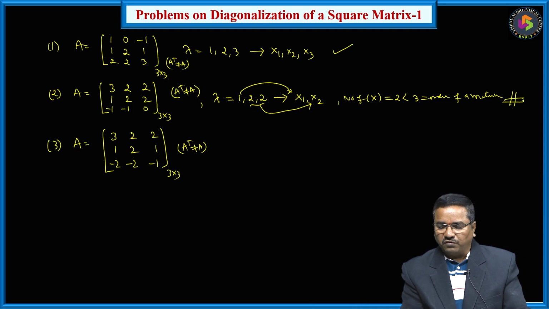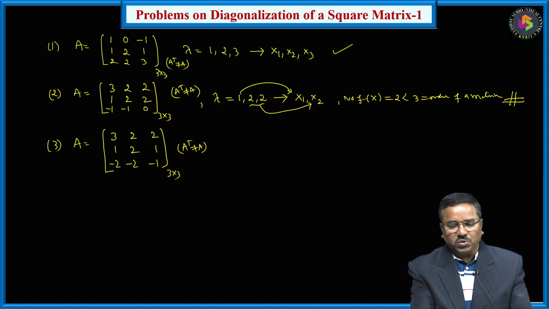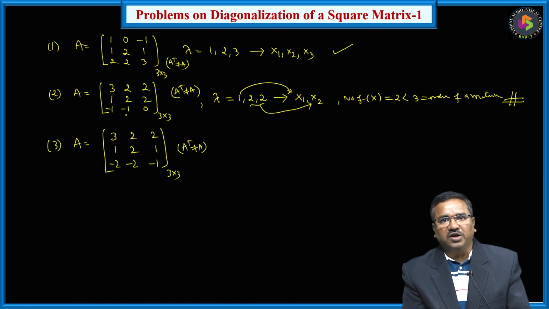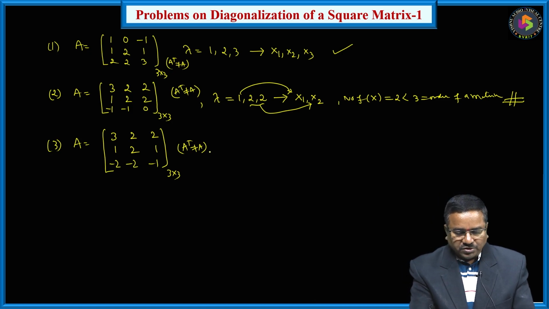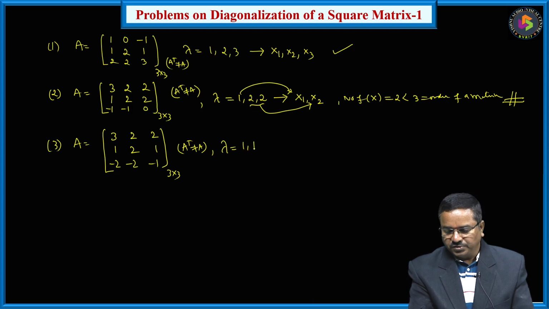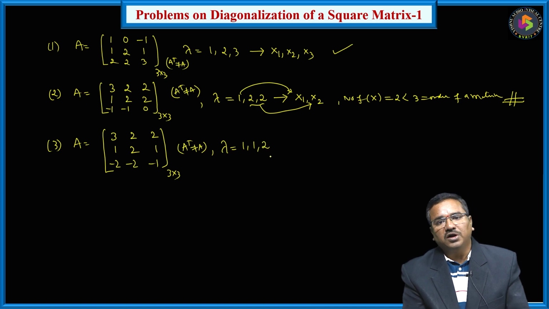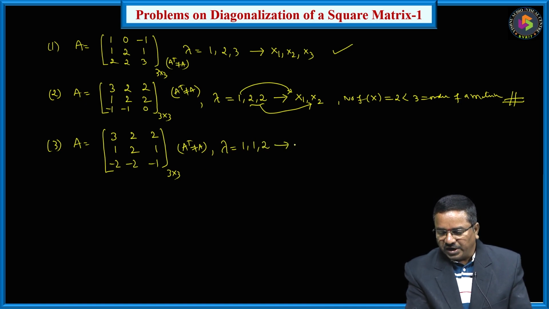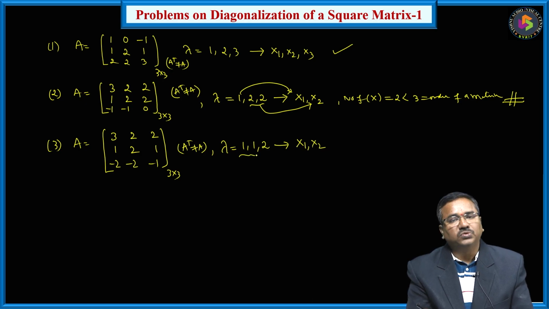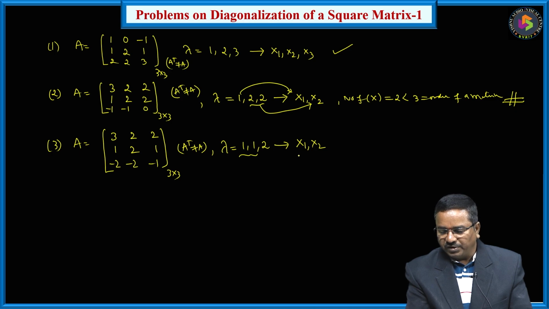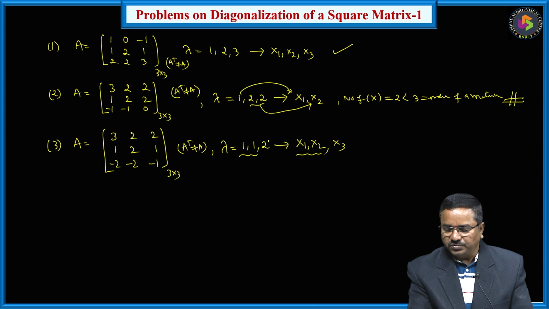Therefore, this is not diagonalizable. Why? Because we look only at the number of eigenvectors. If the number of eigenvectors equals the order of the matrix, the matrix is diagonalizable. Coming to the third matrix, for this one we get lambda equal to 1, 1, 2. Here also the eigenvalues are not distinct, but for this matrix we get eigenvectors x1, x2 for the repeated root 1, so 2 eigenvectors, and x3 for the root 2.